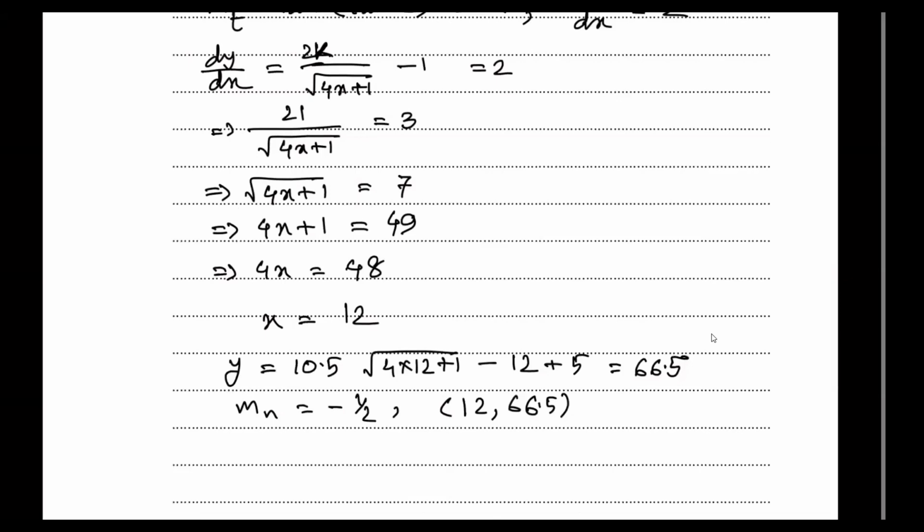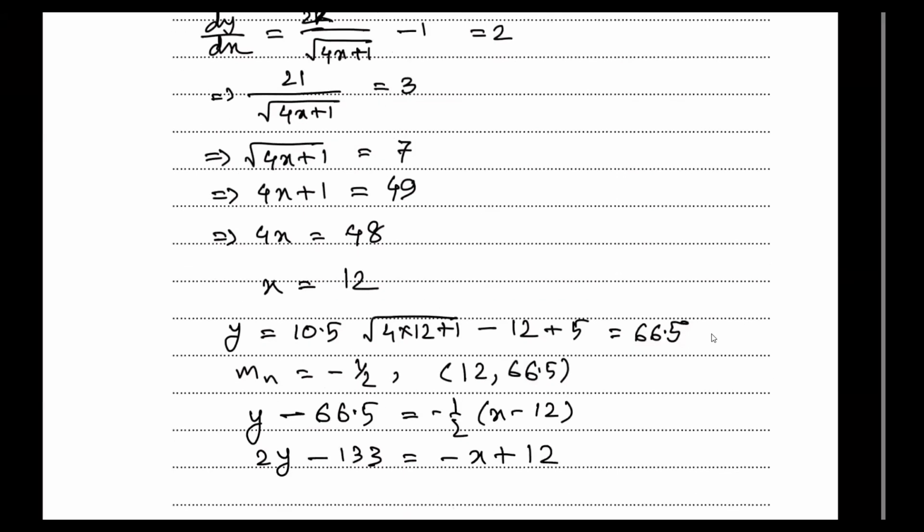So the equation of the normal is y minus 66.5 equals minus half into x minus 12, that is 2y minus 133 equals minus x plus 12.